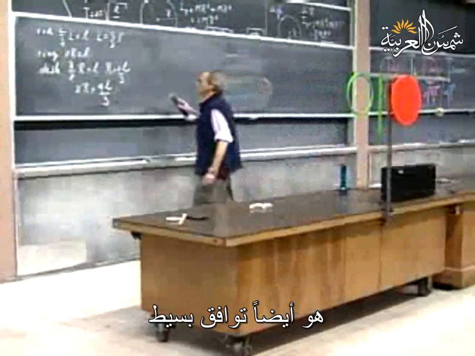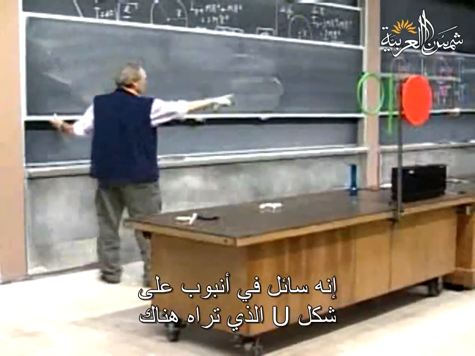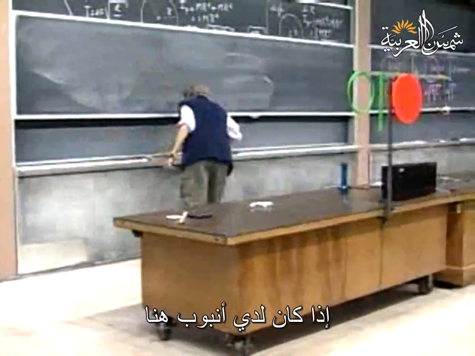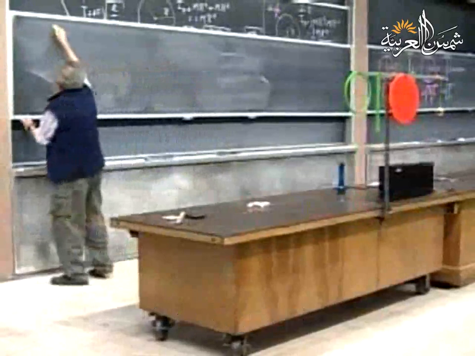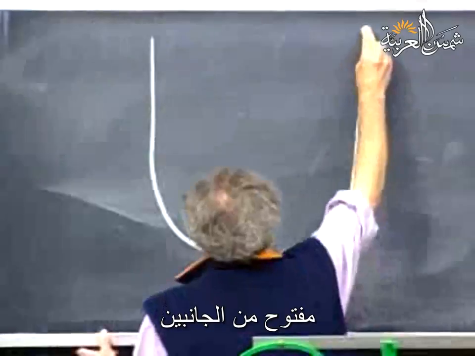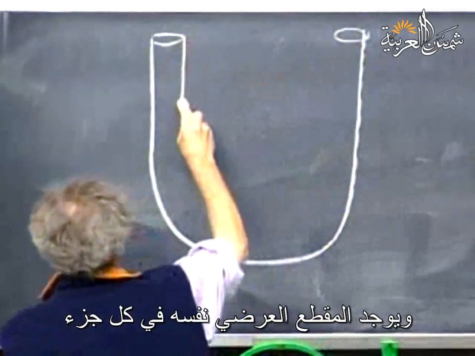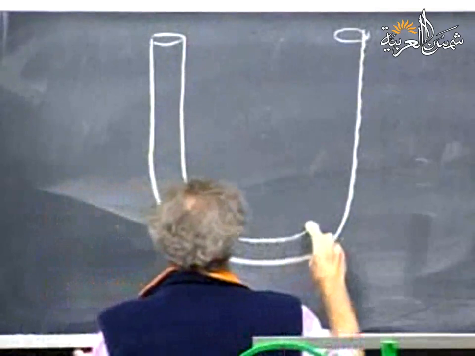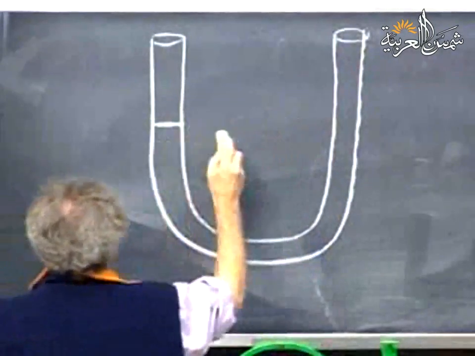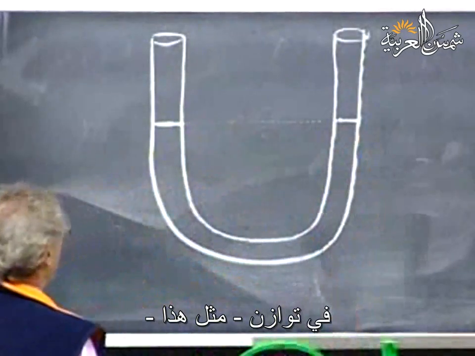Again, simple harmonic. And that is liquid in a U-tube, as you see there. If I have here a tube which is open on both sides and everywhere has the same cross-section, and I put a liquid in here in equilibrium, just like that.